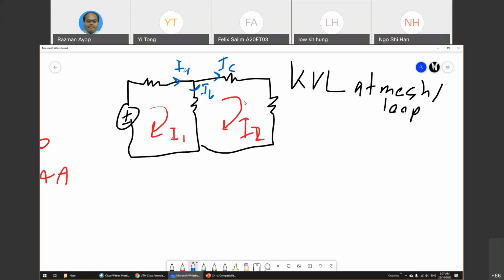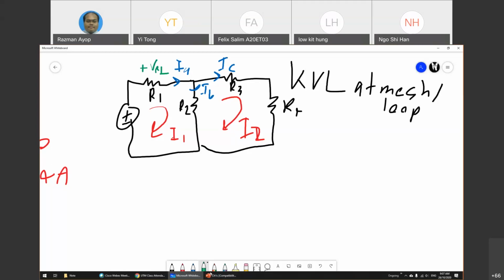Now, this one is R1, this one is R2, R3, R4. Remember that after you assign the branch current, you automatically assign the positive and negative, VR1.